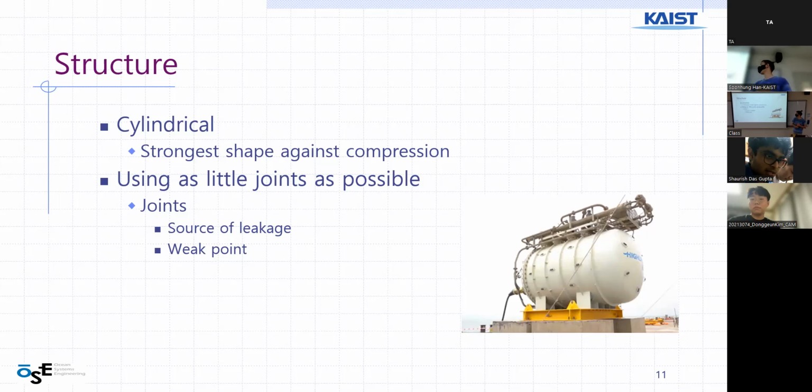With a cylindrical shape, it doesn't have any edges, meaning it doesn't have any weak points. Also, using as few joints or welding points as possible gives a stronger structure, since joints are the source of leakage and the weak point of the container.